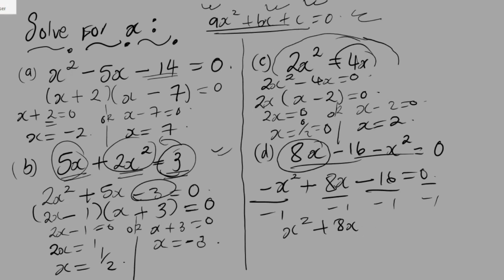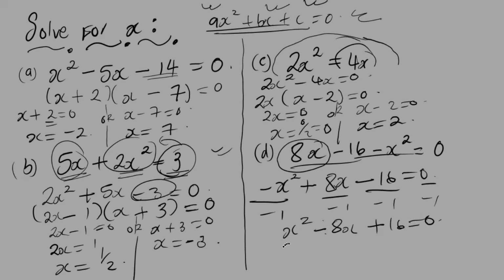Sorry, I'm making mistakes now. So we are going to end up with a positive x squared. It's no longer negative, it's now positive. And the 8 is no longer positive, it's now negative 8x. The 16 is no longer negative, it's now positive 16. That is equals to 0.